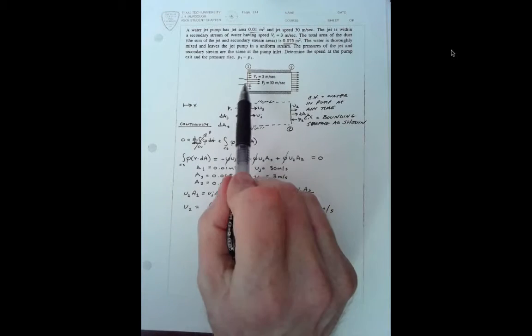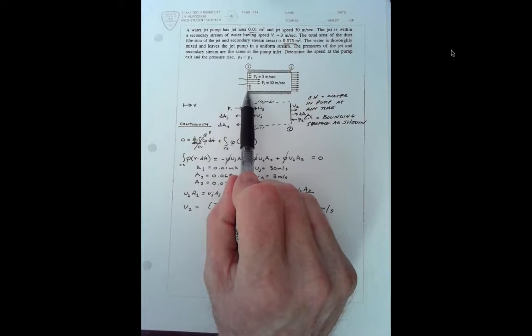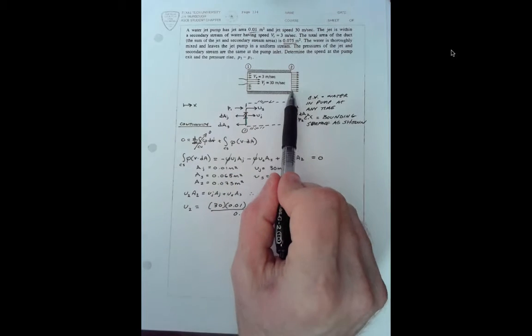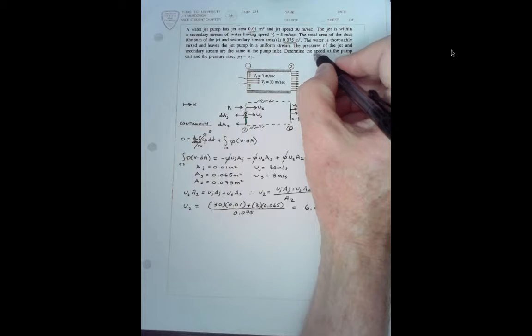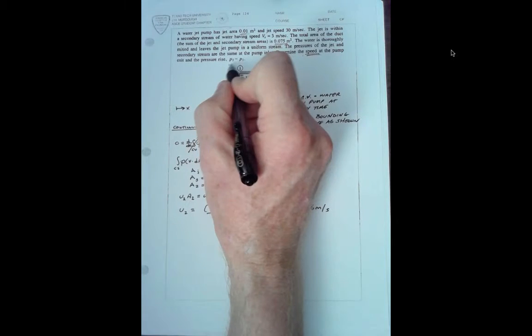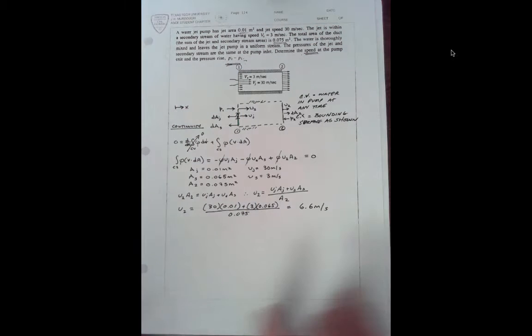So the jet pump accelerates the free stream, entering at 3, to a little bit more than 6 meters per second leaving it. Okay, so we determined that part from continuity, but what about the pressure rise? That's where we're going to have to use the momentum equation.